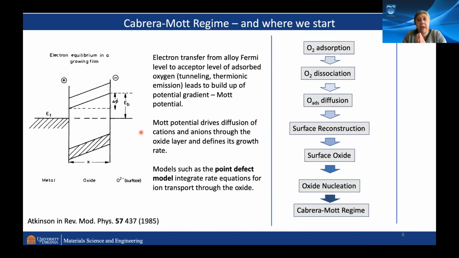And because of that, you can equilibrate your Fermi levels, the Fermi level in the metal to the highest occupied orbital of your oxygen species. And when they align, you have a contact potential. It's like in a diode, essentially. And you have an electric field which builds up. And that electric field drives the continued growth of your oxide layer and supports the transport of your reactants through the oxide layer.